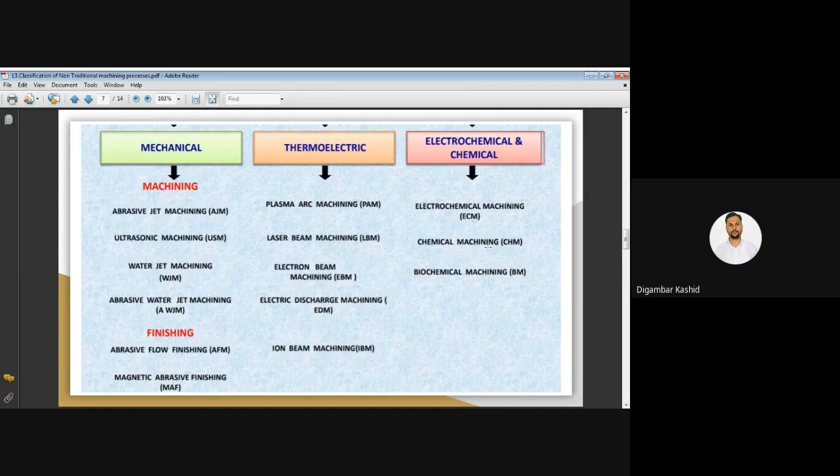All these courses we have in our syllabus. So now, one by one we are going into detail about the working principle of each and every process. That's called the overview of non-conventional machining processes.